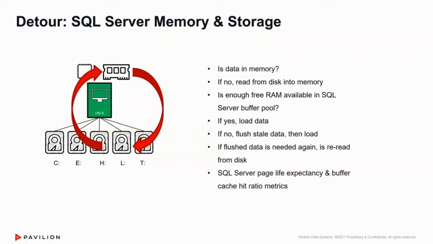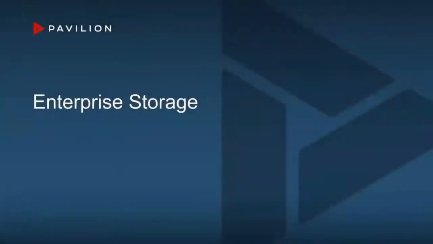But there are instance-level WMI metrics such as page life expectancy and buffer cache hit ratio. These are things you can sample. You don't see it in the OS, but this is SQL Server's perspective on how much it's churning memory. In a lot of cases, if the storage layer is really slow, more memory will cut down on the amount of reads from disk and make the operation faster. But there's some interesting stuff there. We'll talk about that here in a little bit.